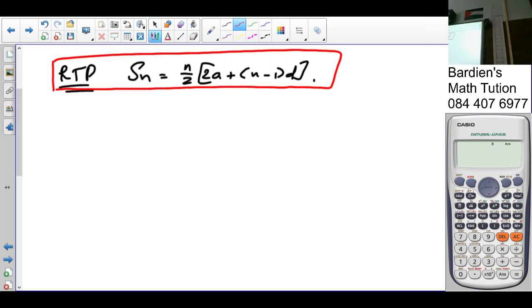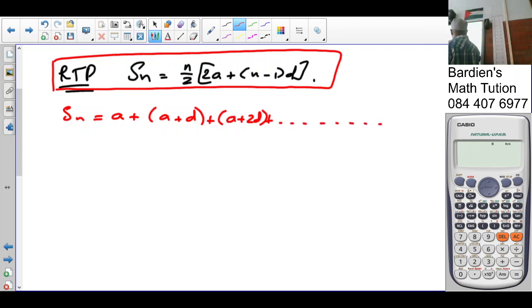So we start off by saying that we know the sum of terms will be the first term, plus the second term, which is a plus d, plus the third term, which is a plus 2d, and a plus 3d, and all the way to the last term, which is a plus (n minus 1)d.